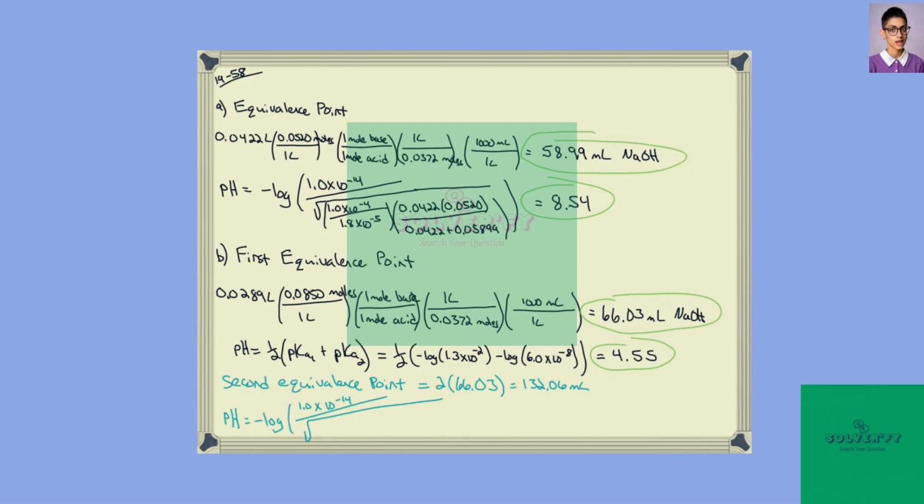To solve for the hydroxide concentration created by SO3 2-, we need to take the square root of Kb for SO3 2-. Kb for SO3 2- is going to be Kw divided by Ka, and then multiply that by the concentration of SO3 2-.